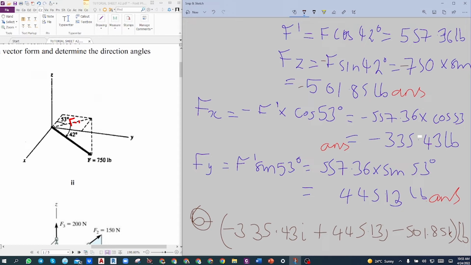Then we say F as a vector is equal to that.